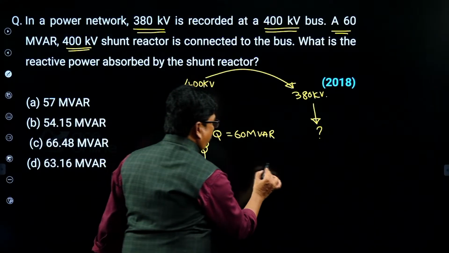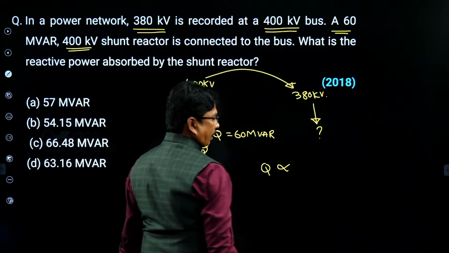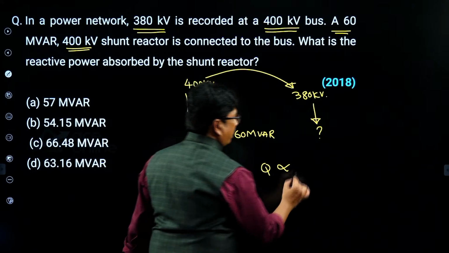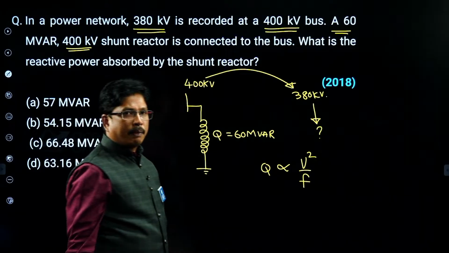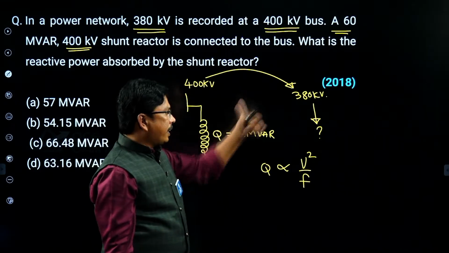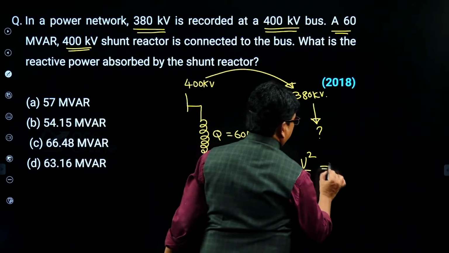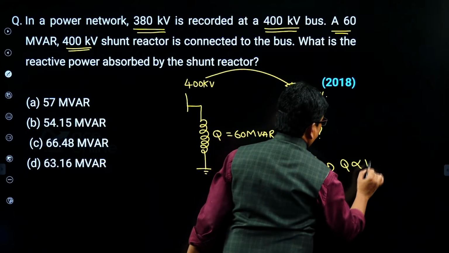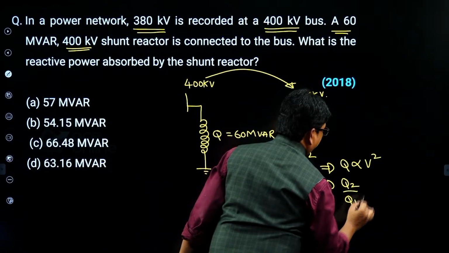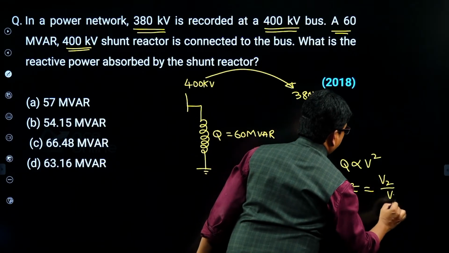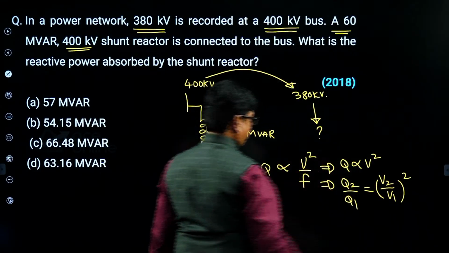The reactive power is proportional to V square divided by F. As frequency is constant, we can say that Q is proportional to V square. Means Q2 divided by Q1 is V2 divided by V1 whole square, students.